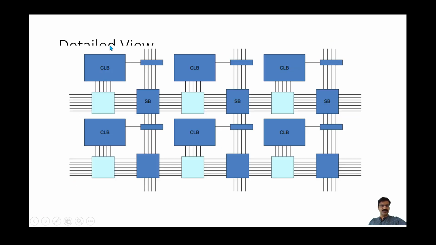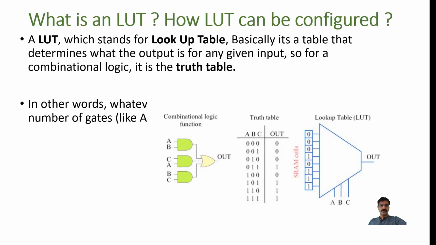The detailed view you can see here: CLBs, and a switch which can route the wiring. How an LUT can be configured will be taken in depth by my colleague, but I'll just show. A lookup table, or LUT, is basically a table that determines what the output is for a given input. For a combinational circuit, it is a truth table. If you take this combinational logic function, you can see A, B, C are the inputs, and the output is given here.